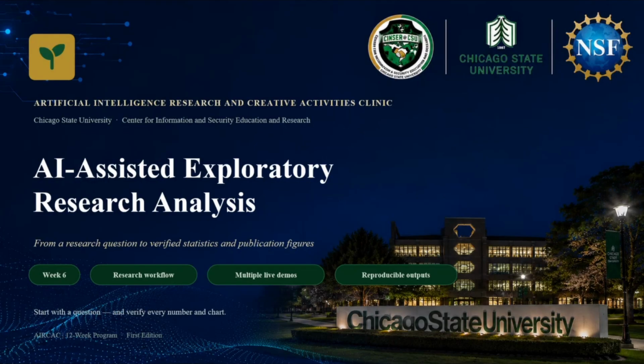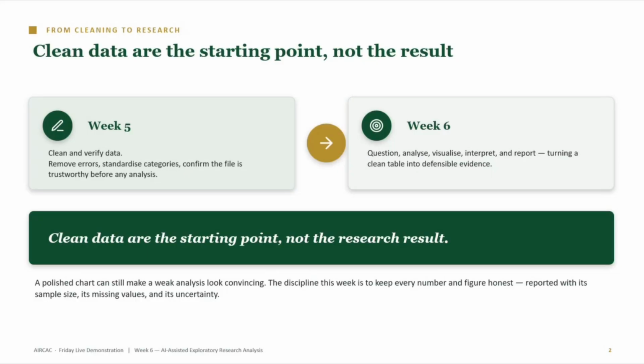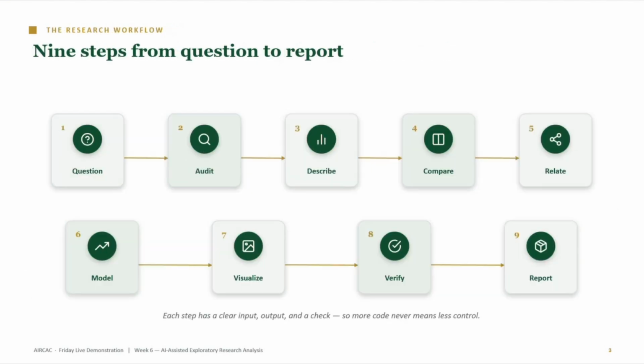So let us begin by understanding the difference between cleaning data and producing actual research results. In week 5, as we said, our objective was to make the data trustworthy.